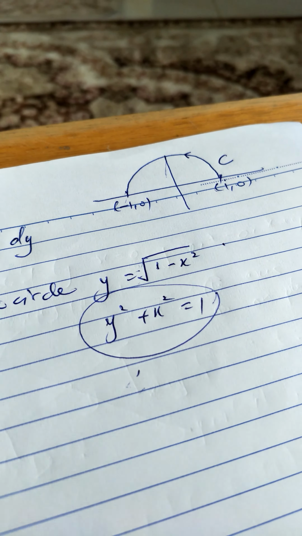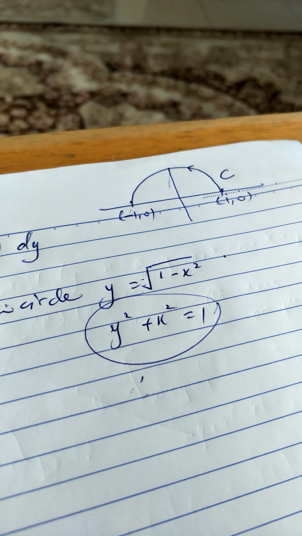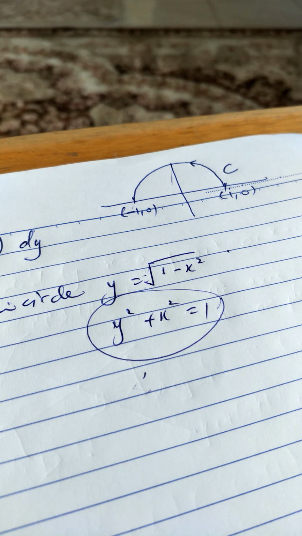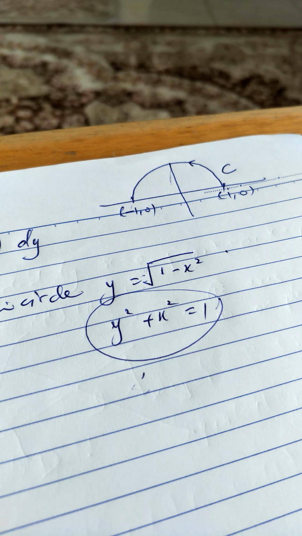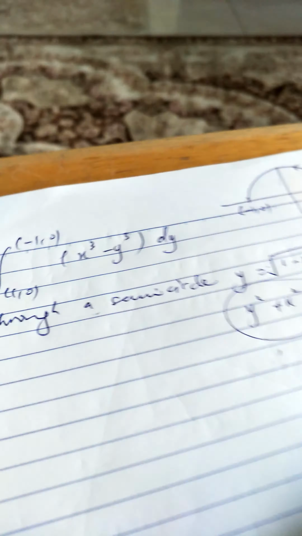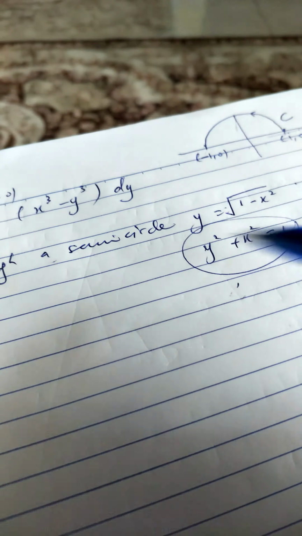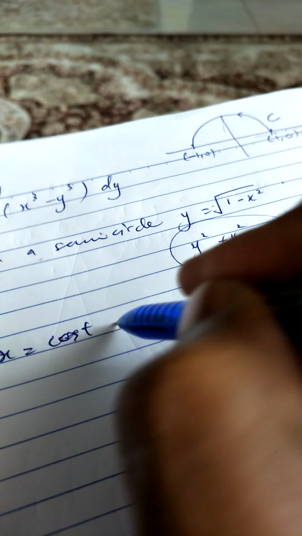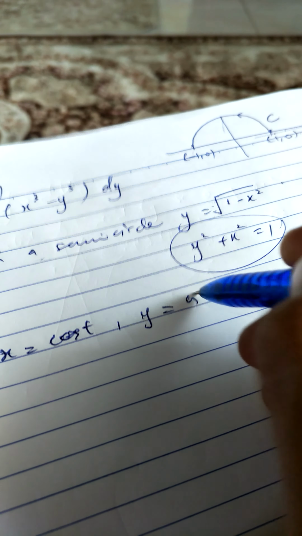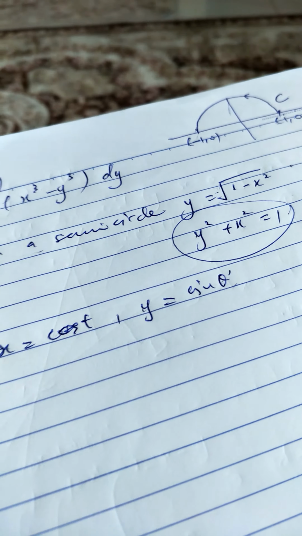For a circle, the best representation is using polar coordinates. So in order to solve this, since the radius is 1, we take x equal to cos t, y equal to sin t.